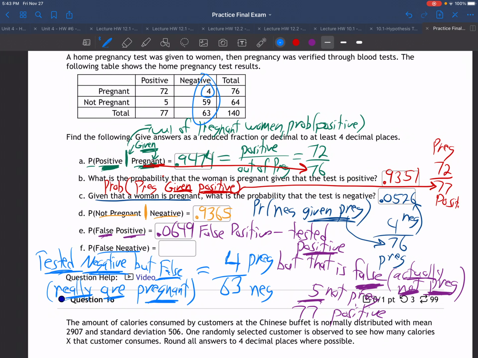So out of the ones that tested negative, that's coming out for me to 0.0635. That's the false negative rate. So there we go.